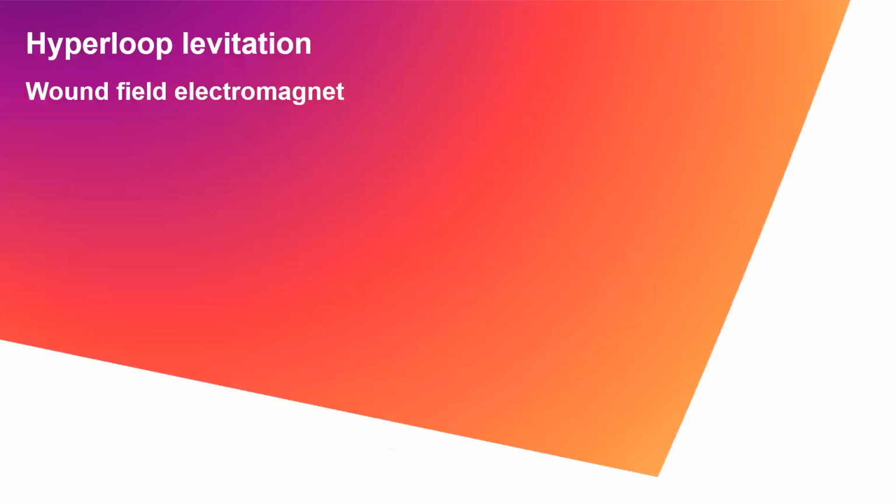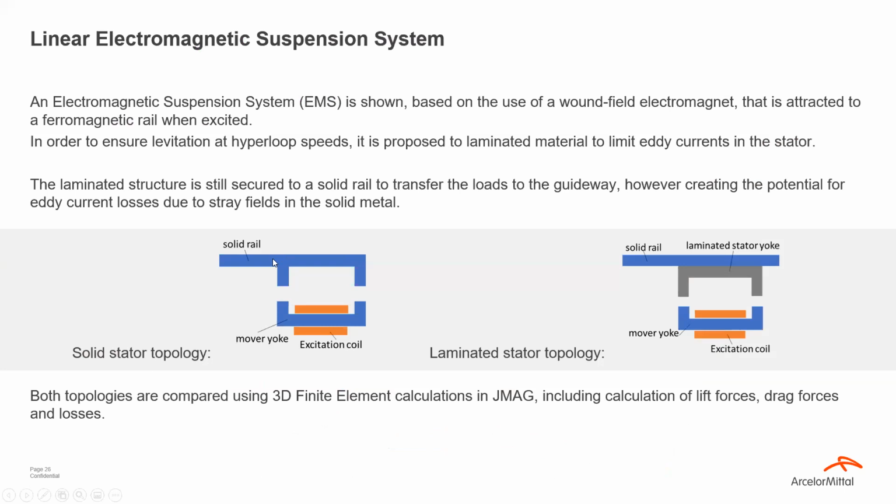Now, a quick word regarding the levitation. For the levitation, we've used a wound field electromagnet. So you can find papers where this sort of solution is used. You have like a system that is attached to the roof, possibly, where you have an excitation coil, and it is around the mover, so attached to the vehicle.